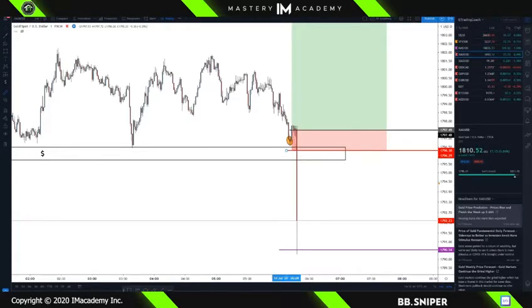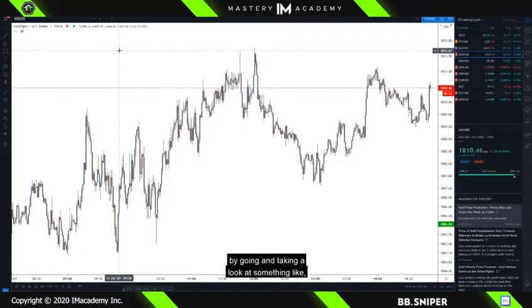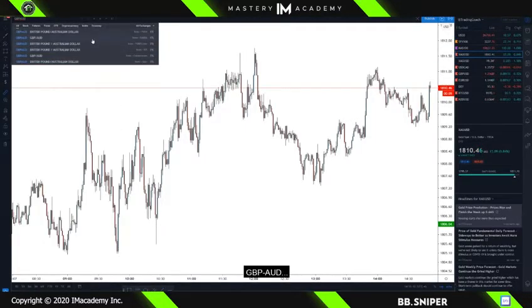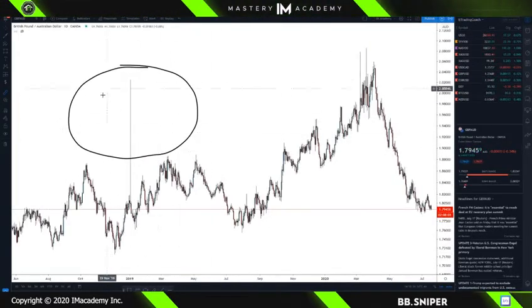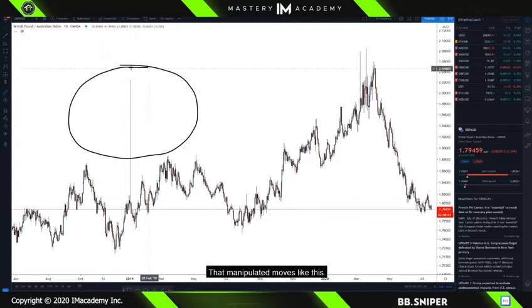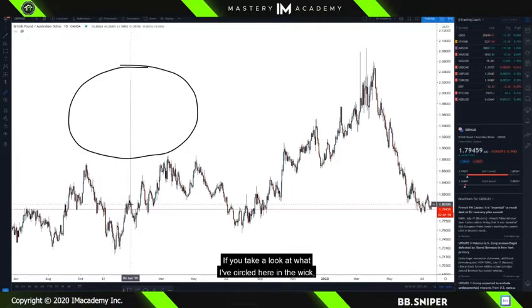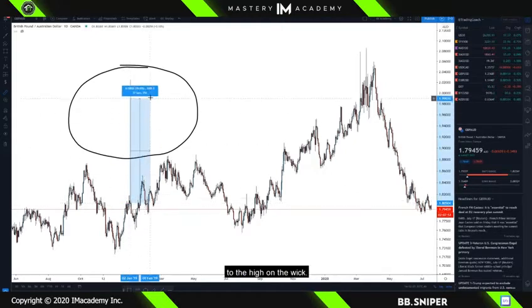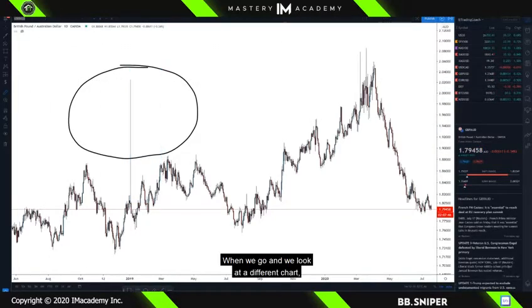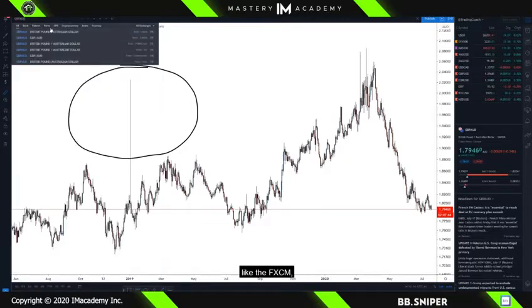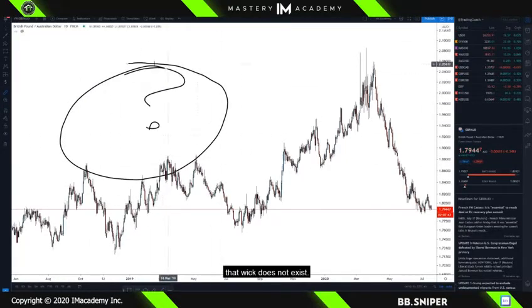And we can see by taking a look at something like GBP AUD that manipulated moves like this, if you take a look at what I've circled here in the wick, we can measure from the open of that candlestick to the high on the wick. That is about a 2200 pip movement. When we go and look at a different chart, like the FXCM, that wick does not exist.